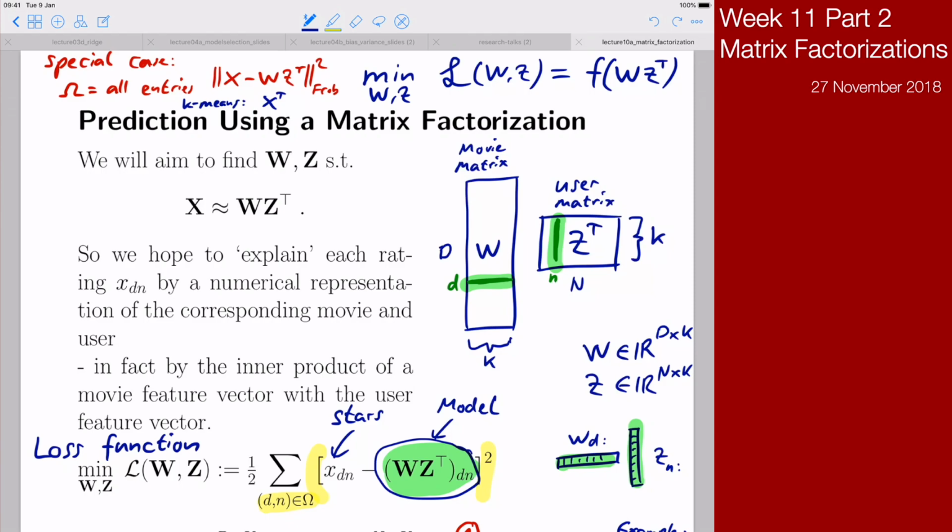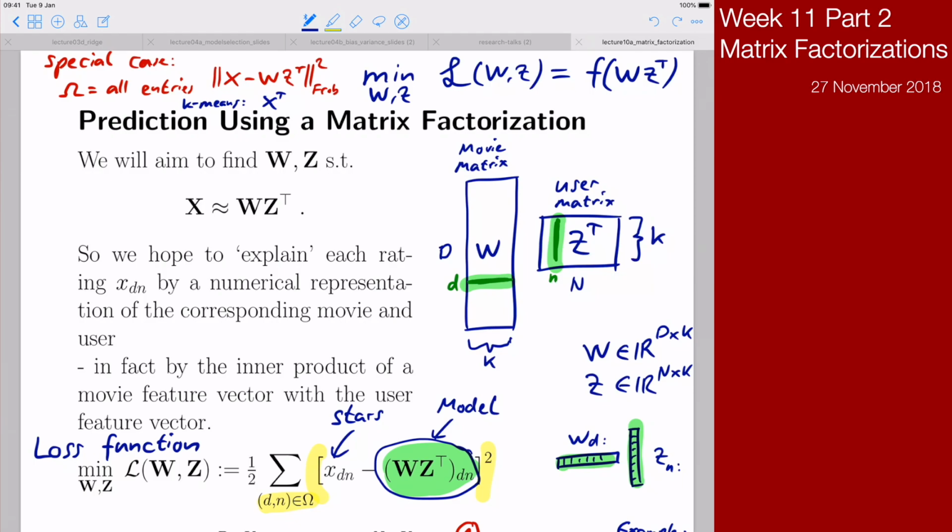So you can think that it's not a big deal if I care about all the entries or only some of them, but it actually is a very big deal. If you cared about all of them, then your life becomes simpler. You could just fill all the unobserved entries, the gray entries, with zeros, and then do SVD.